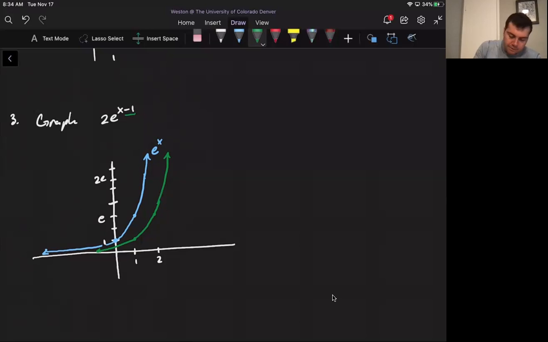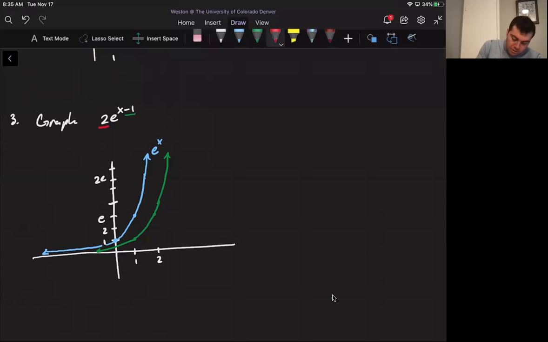And then for the second part, we have this times 2. So to figure out that, we're just going to take our important points and just multiply them by 2. So instead of 1 mapping to 1, we're going to have 1 maps to 2. So let's call that 2.